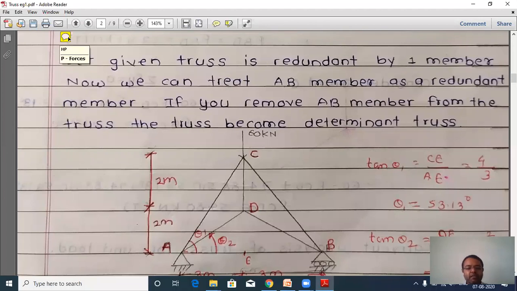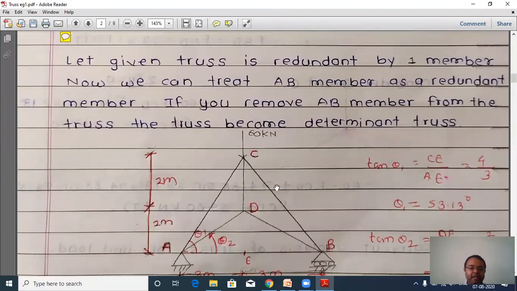P forces means you have to make the given truss a determinate type of truss. To make this truss determinate, we have found out the SDI.